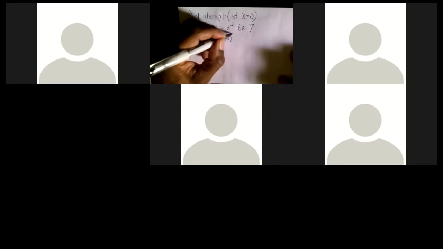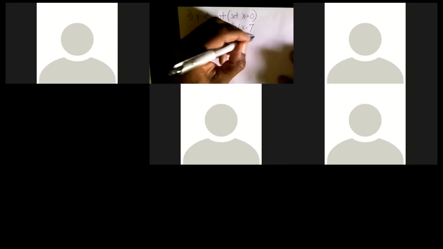So that's 0 squared minus 6 times 0 minus 7. So our y-intercept is (0, -7). There's our y-intercept. So now we have what we need: vertex, x-intercepts, y-intercept. So let me draw a graph.